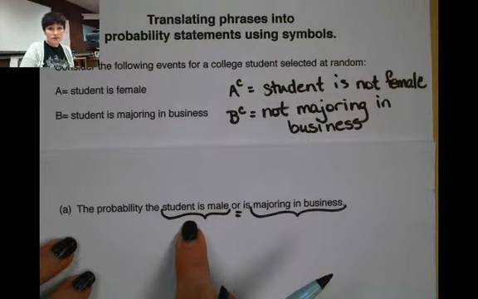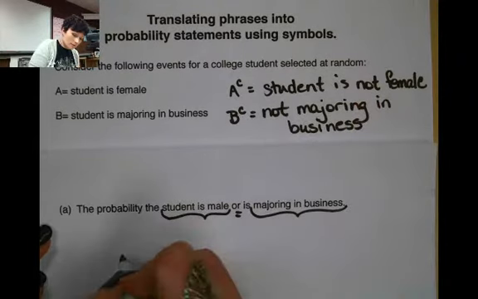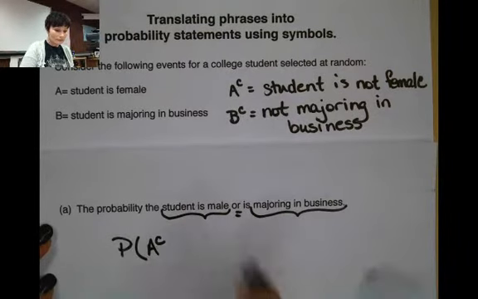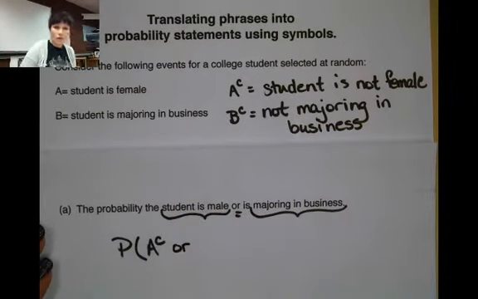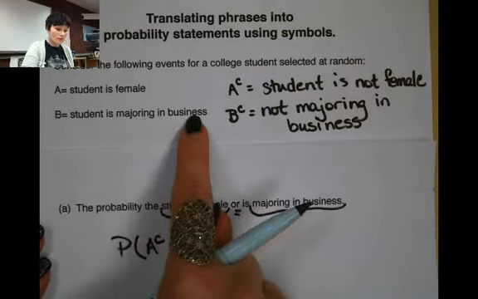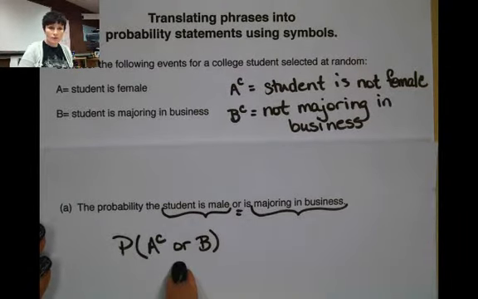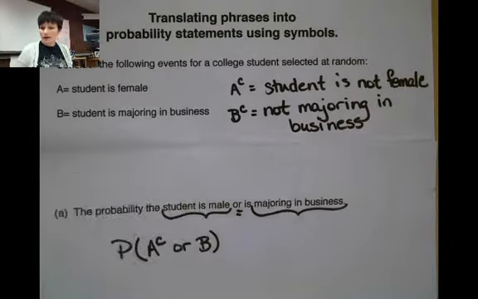And being a male student is obviously not being a female student, so this is going to be the probability of the complement of A. And like I said, these things could happen at the same time because we have or. So or event majoring in business, that would be event B. So the probability statement written in symbols for the English phrase is the probability of the complement of A or the probability of B.